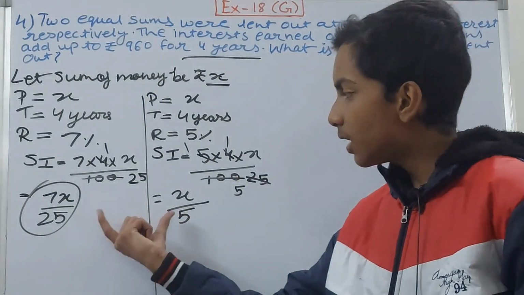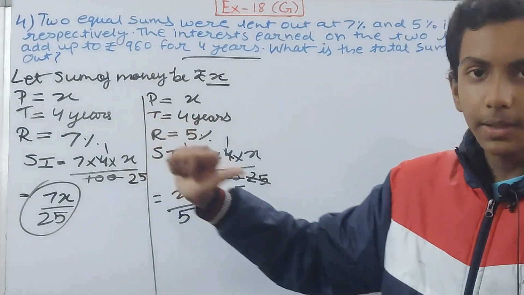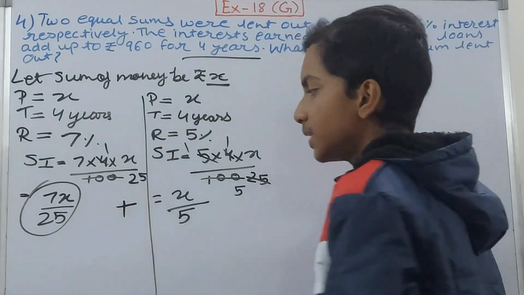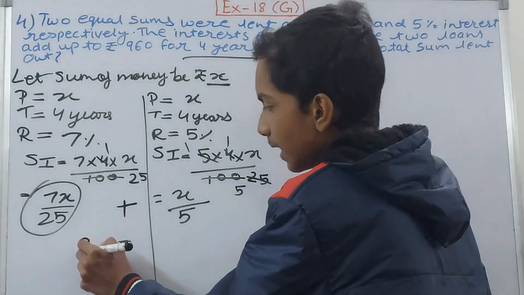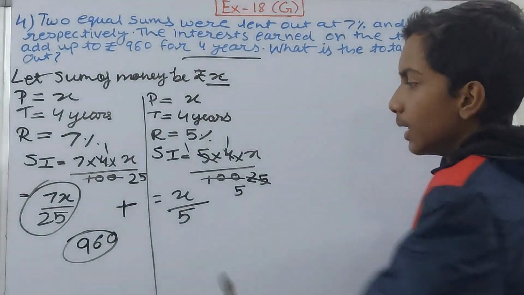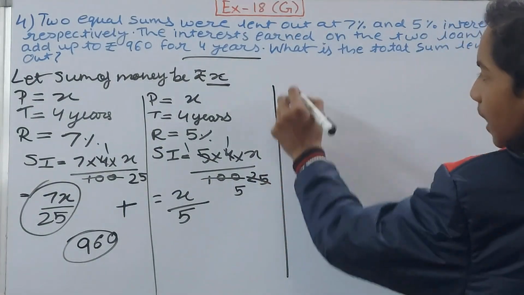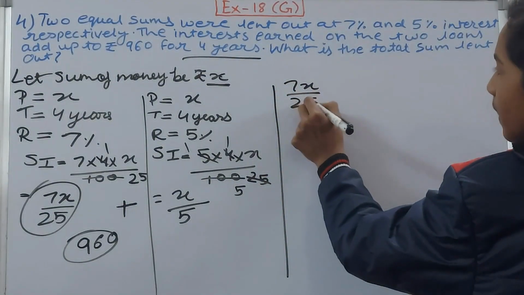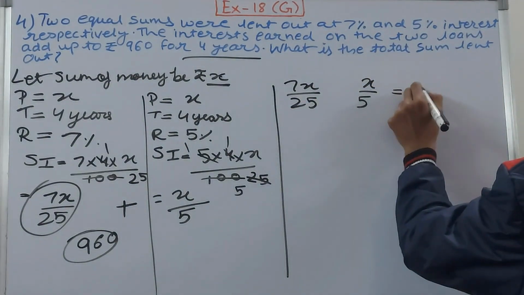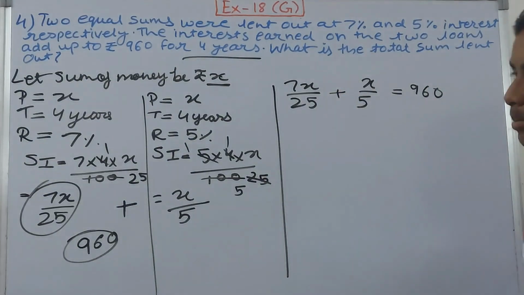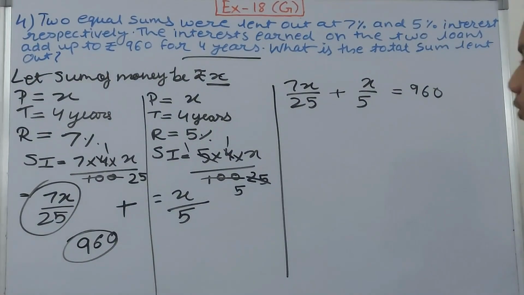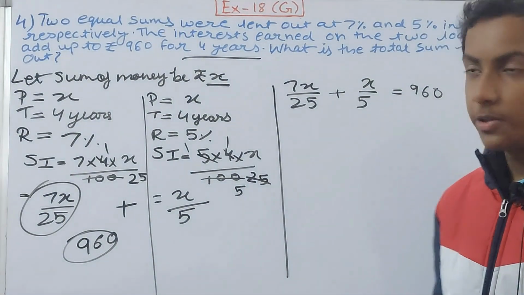That the interests earned add up to 960 means that when we add both of these, we will get rupees 960. These two are the only interests that we have found out, and both of these interests will give you 960. So we will add them because it's given add up to. Now solve this question just like the normal way we do.